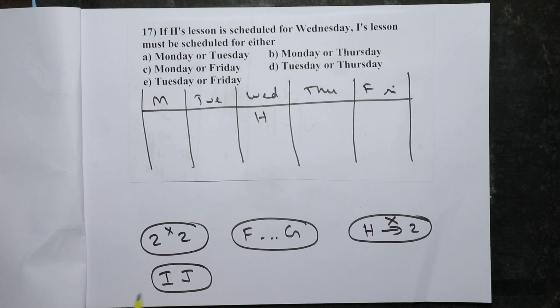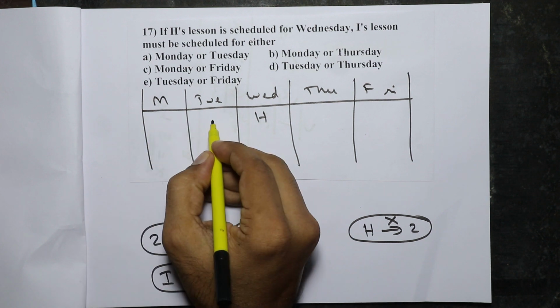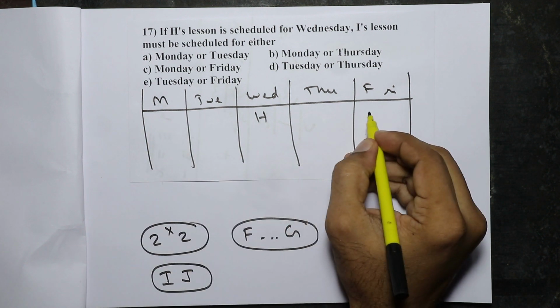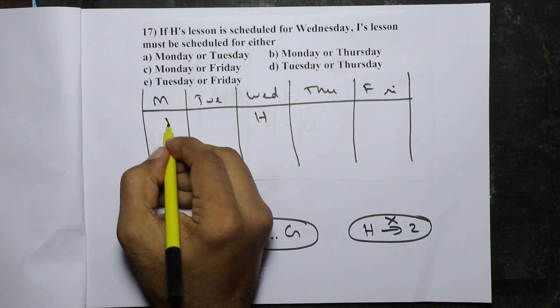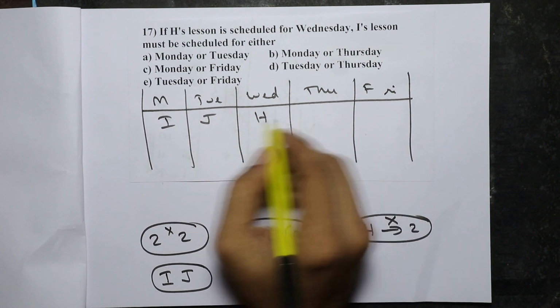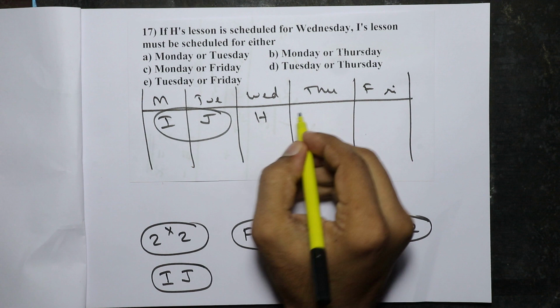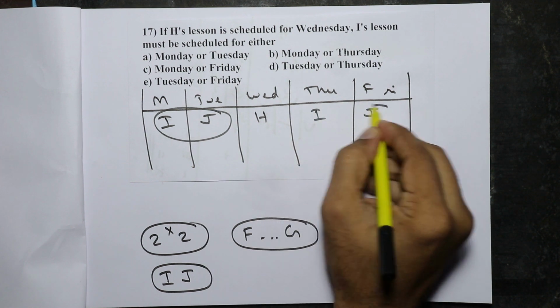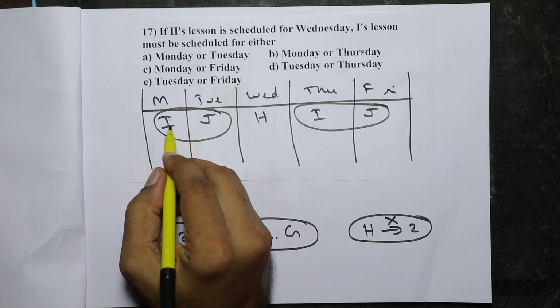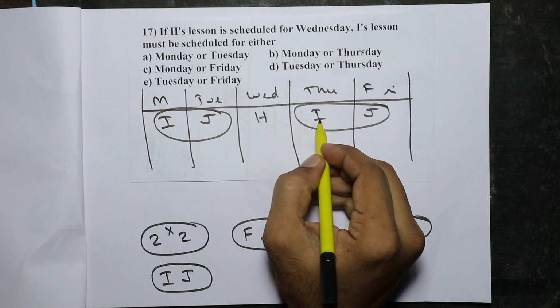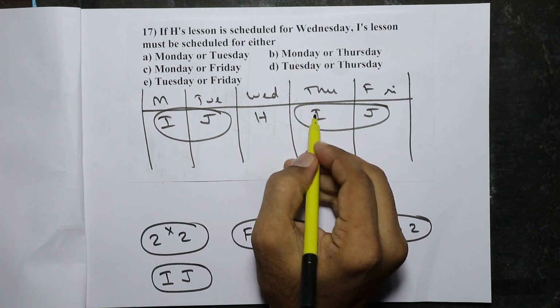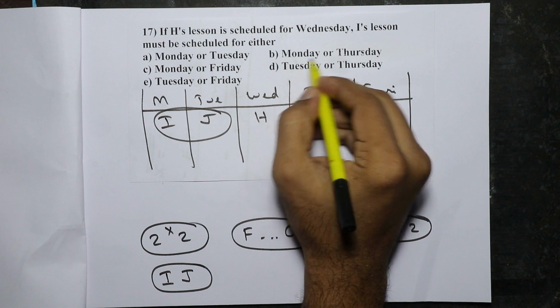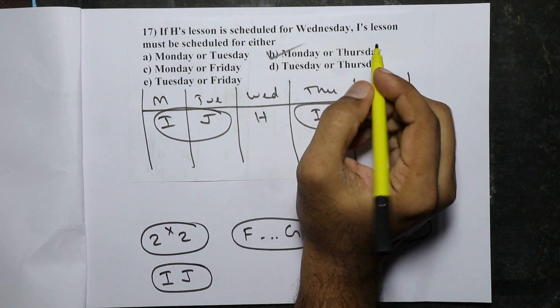Now as per this rule, it should be I and J in consecutive days in this order. So it can be I and J like this, or like this. So I can be either on Monday or on Thursday. So option B, Monday or Thursday is the right answer.